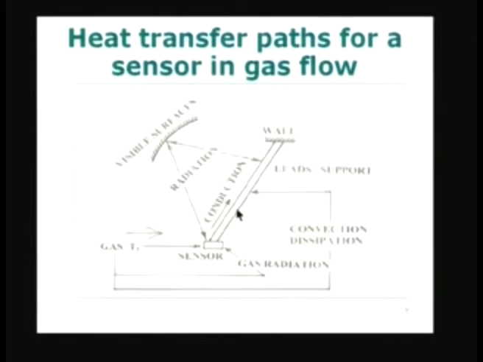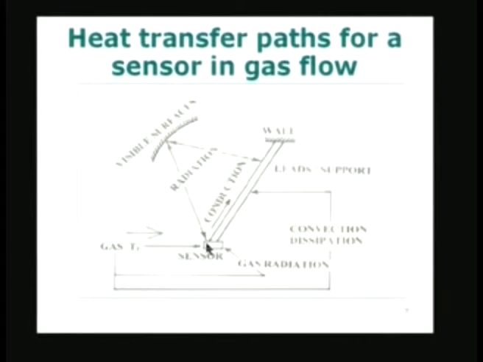For example, if you have thermocouple wires, the wires themselves will conduct some amount of heat away from the junction, and the junction will be at a lower temperature because of this conduction error. Therefore, conduction is one mechanism which is going to be a loss mechanism as far as the sensor is concerned, some amount of heat loss taking place by conduction.